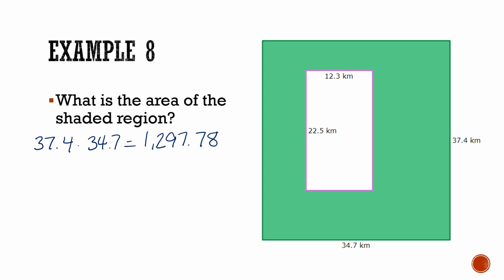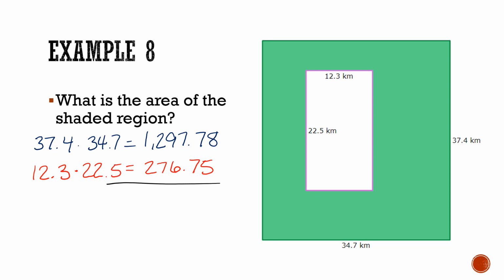And then the white rectangle, we're going to do 12.3 multiplied by 22.5, which gives you 276.75.